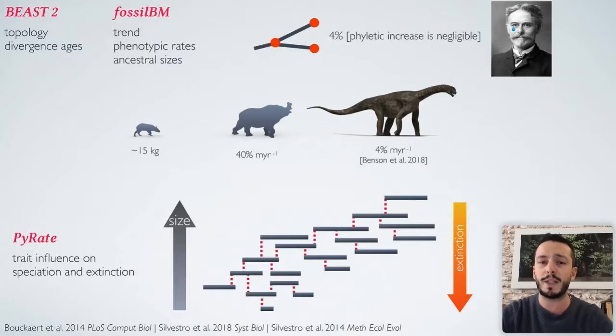We saw that phyletic increase is negligible. It's just 4%, and through several simulations we conducted, we saw that this is actually identical to simulations without any phyletic increase at all. So we saw that the key was something we found using the software PyRate, that smaller lineages in brontotheres just had a higher extinction risk, and this caused species at the lower level to be less able to generate new species also, so that the trend would continue and expand towards the upper spectrum of body sizes.